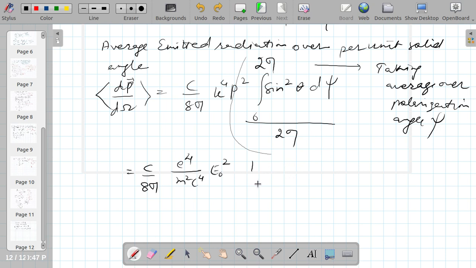Let me write down C over 8 pi, K4P square, 1 over 2 pi, d psi, 1 minus cos square psi and sine square phi.